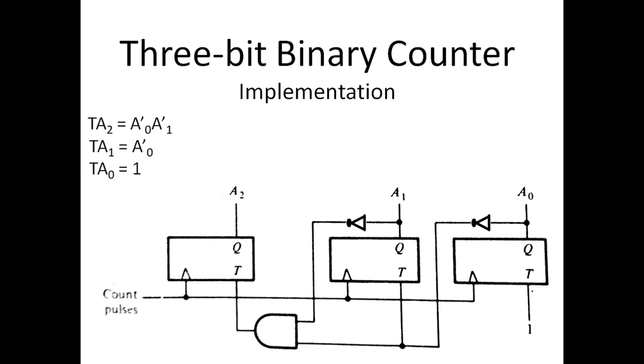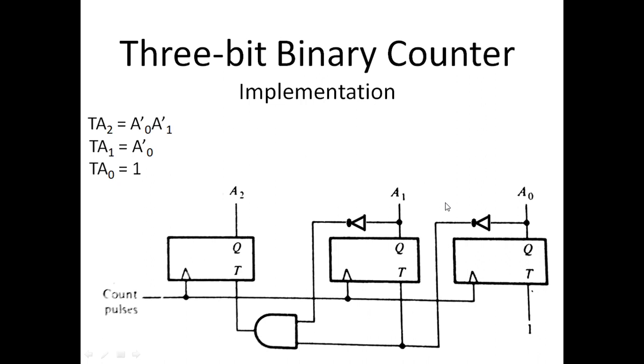These are the 3 Boolean equations that would generate the outputs which are connected to the 3 inputs of the T flip-flops. They are here just like the previous example. This is the T flip-flop 0. This is the T flip-flop 1. This is the T flip-flop 2. And the outputs of the 3 T flip-flops are designated with A0, A1, and A2.